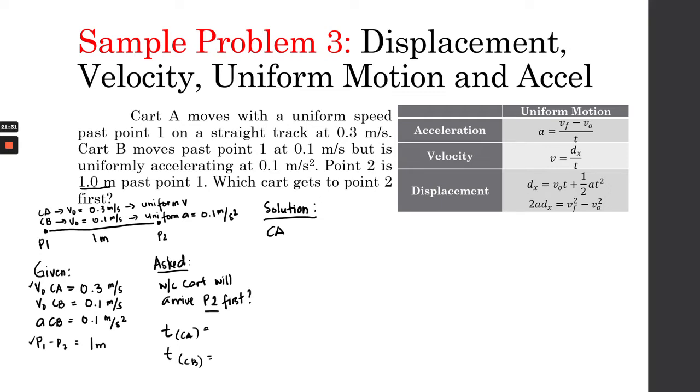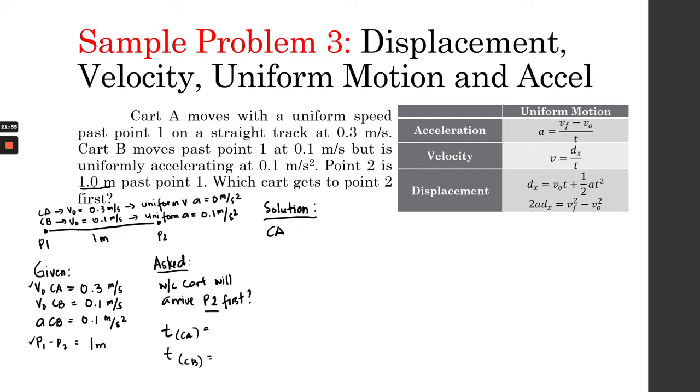And we know that cart A is in uniform motion. Therefore, cart A's acceleration is actually 0 meters per second squared. So that's another assumption. Remember, uniform velocity means the velocity is not changing, meaning the acceleration is 0 meters per second squared.